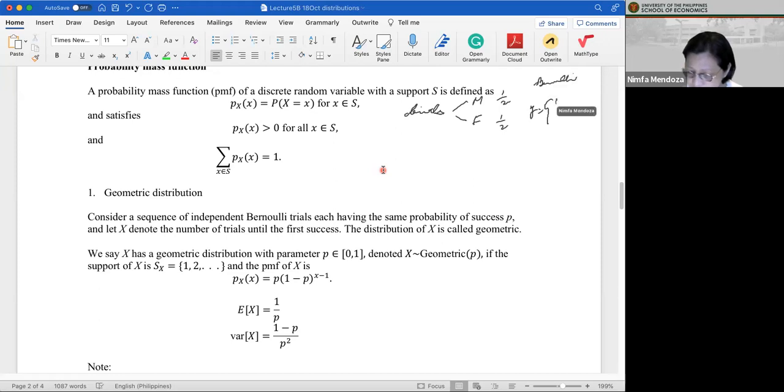So Y is equal to 1 or 0: 1 if male, 0 if female. The probability here is 1/2, and the probability here is 1/2. Q is 1 minus p. Let X be the number of trials till a male birth.